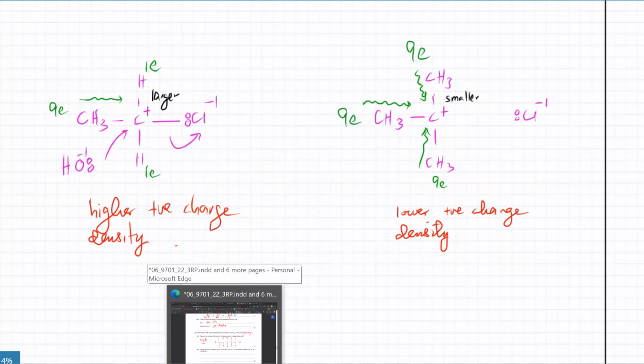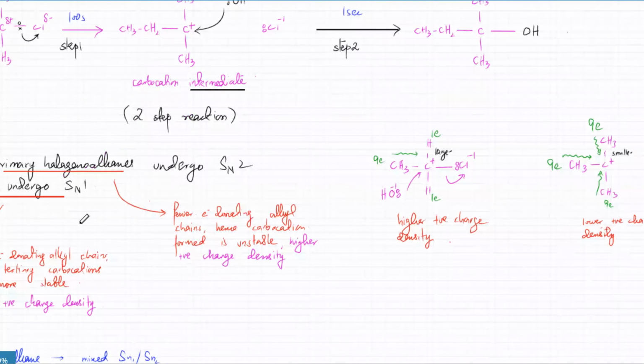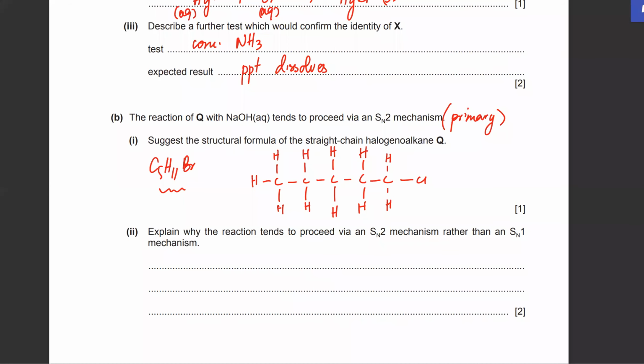So this is exactly what you're going to describe, that there are fewer carbon chains around this carbon. Hence the carbocation formed has a higher positive charge density. This is what you're going to write. So primary carbocations are difficult to form, are very unstable. So they're very unstable. Why?